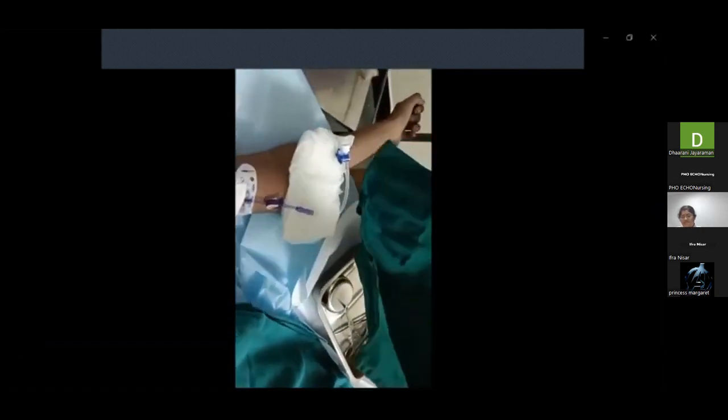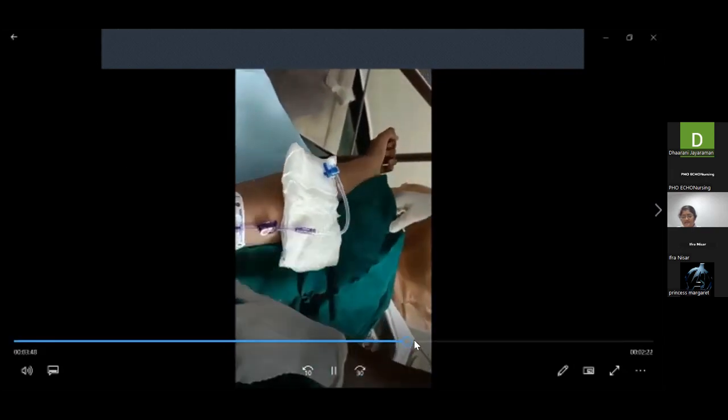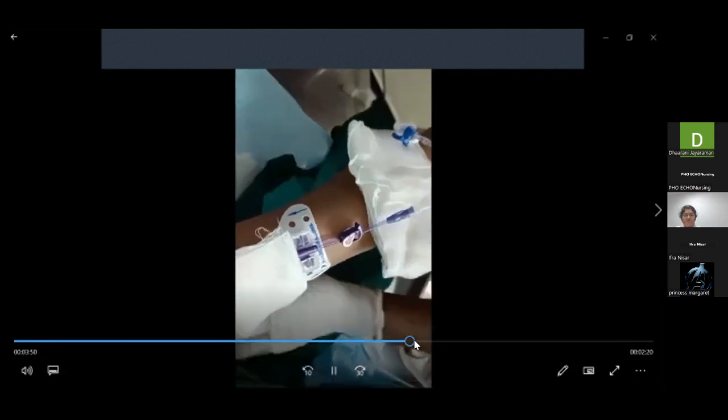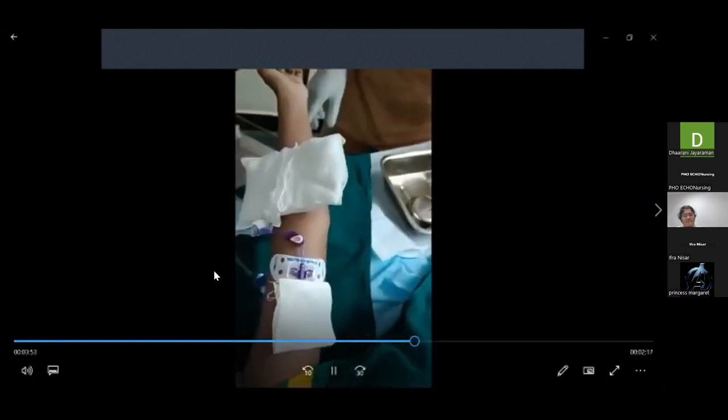Inspect the line and entry site for redness, swelling, serous or bloody discharge, and allergic skin reaction. If any is present, inform the duty doctor and consultant.